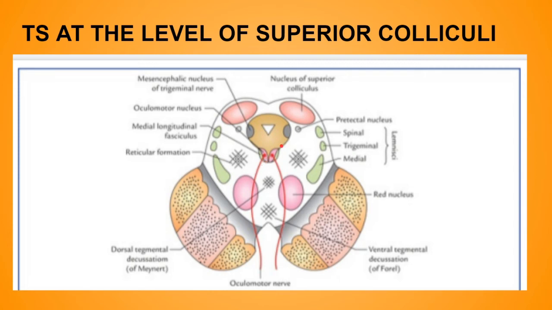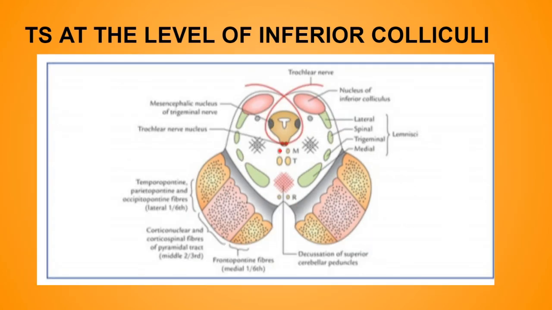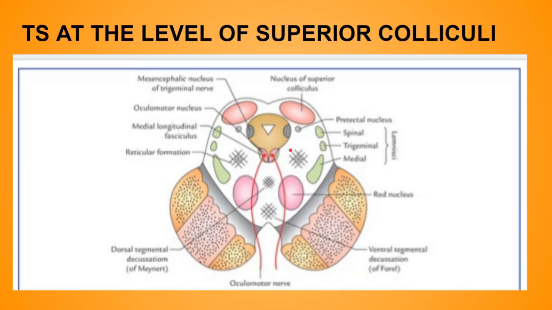The oculomotor nuclei are bounded laterally by the medial longitudinal fasciculi. If you remember, previously at the inferior colliculi level, the medial longitudinal fasciculus was present over here. But now in the superior colliculi TS, it has merged with this part of the grey matter.